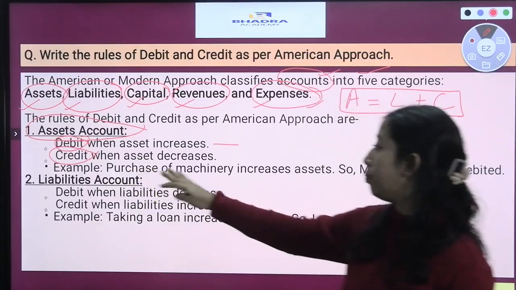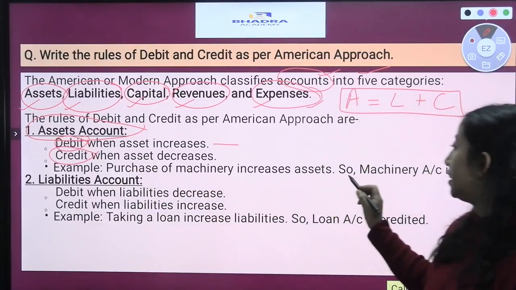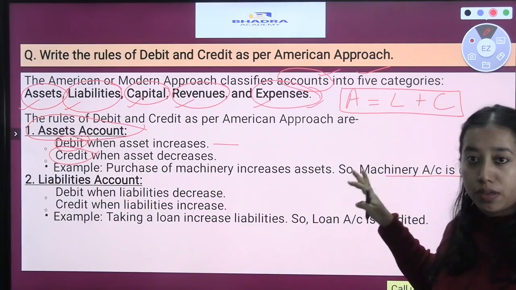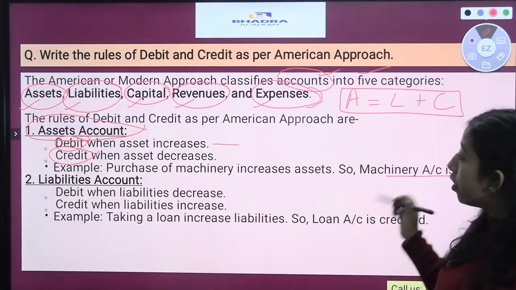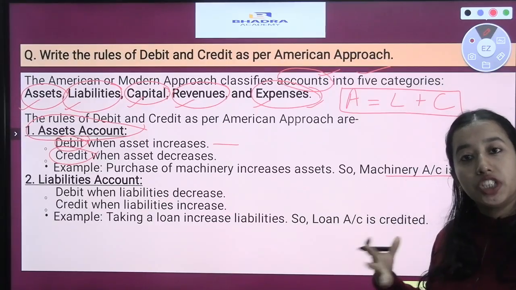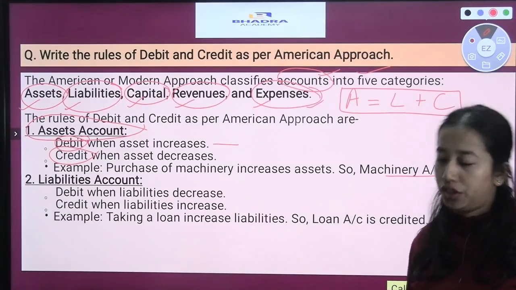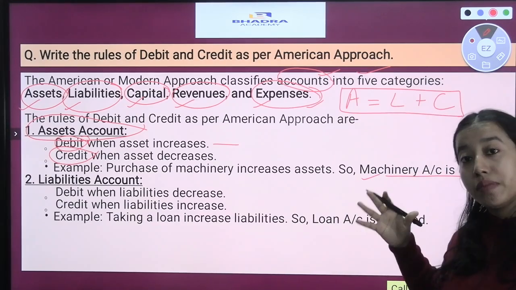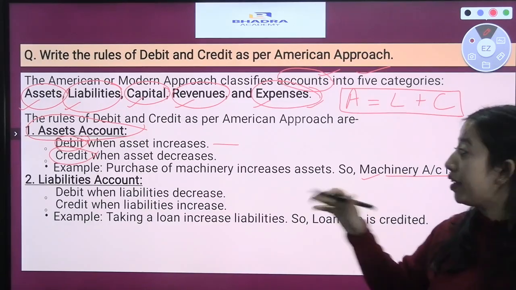For example, purchase of machinery increases assets, so the machinery account is debited. If the machinery is purchased for cash, then the machinery is increased, so the machinery account will be debited as per the rule.